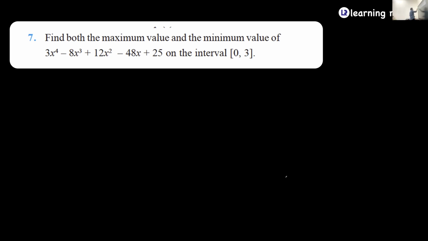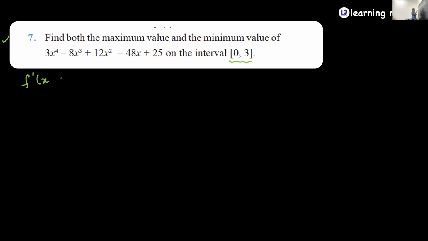Listen. Find both the maximum value and the minimum value of 3x power 4 minus 8x cube plus 12x square minus 48x plus 25 on the interval 0 to 3, where 0 and 3 are included. Right? So this is the function.